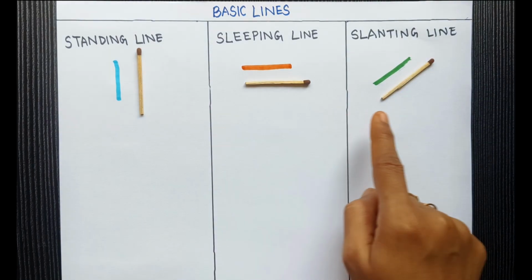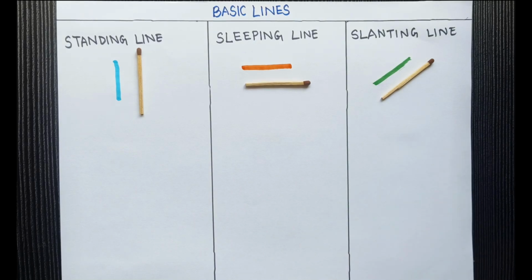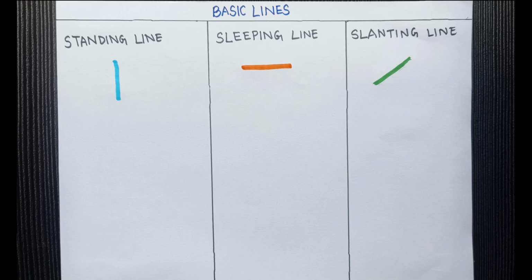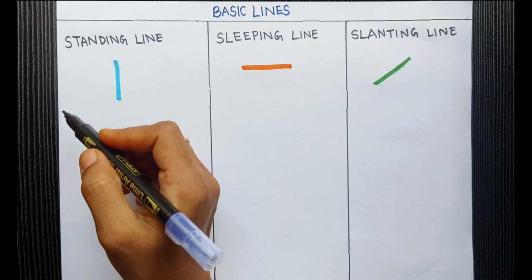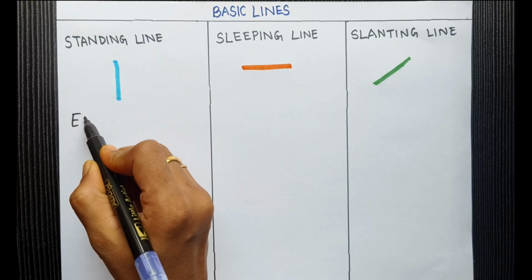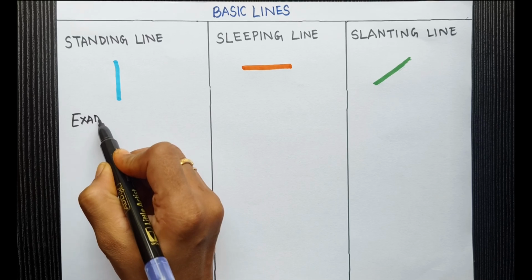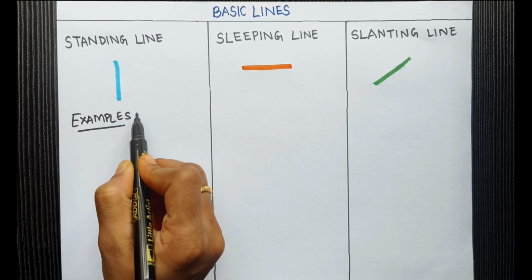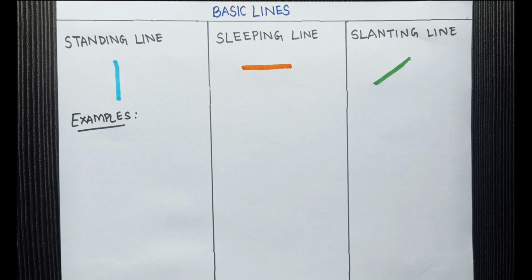Now let us know some examples of these lines. That is standing line, sleeping line and a slanting line. So first example is the door.